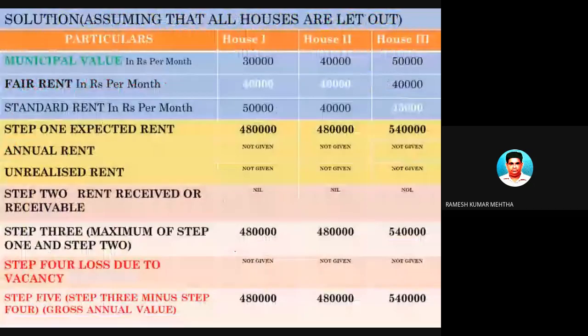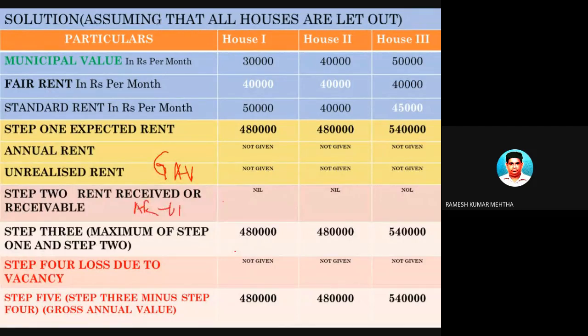The first step is I am assuming that the houses are self-occupied. Let's calculate. For these houses, we have to find out GAV. Step one. Step two is actual rent minus unrealized rent.